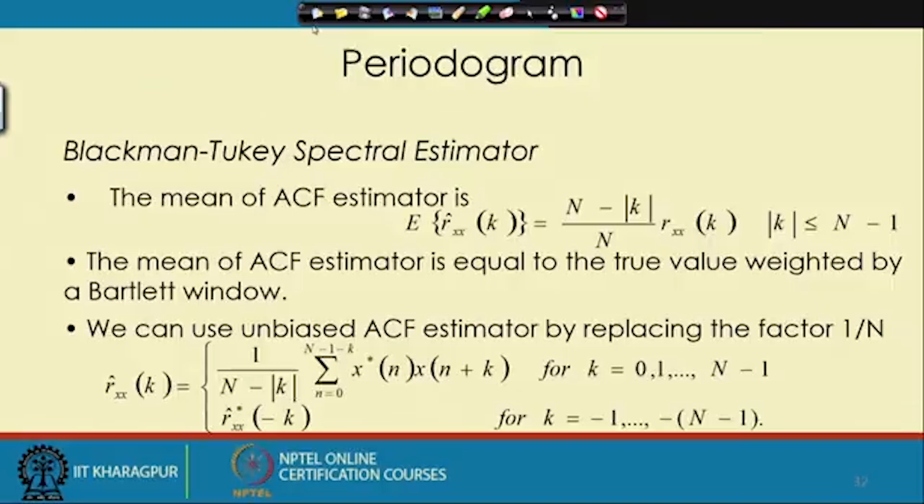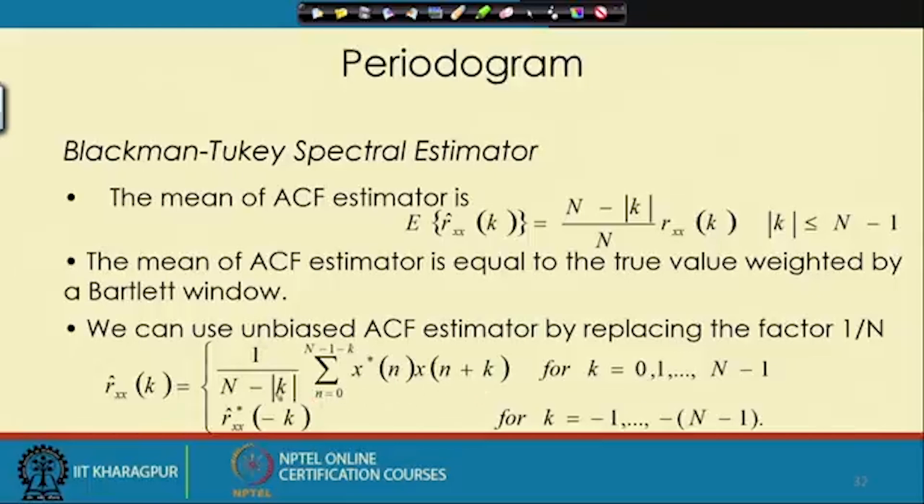The new estimated autocorrelation we can take as the summation of the terms within the given sequence. Please keep in mind, we cannot increase the number of terms here, because we have values of x[n] for n equal to 0 to N minus 1. That means N terms are there, and there is no way to increase this. What change have we made?